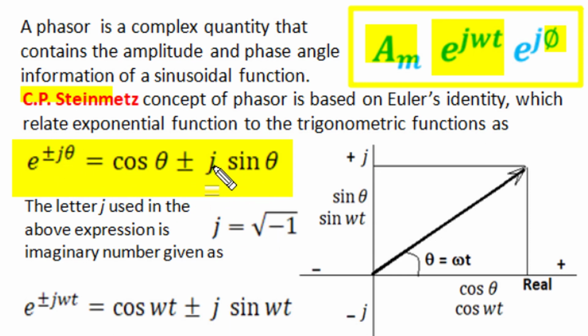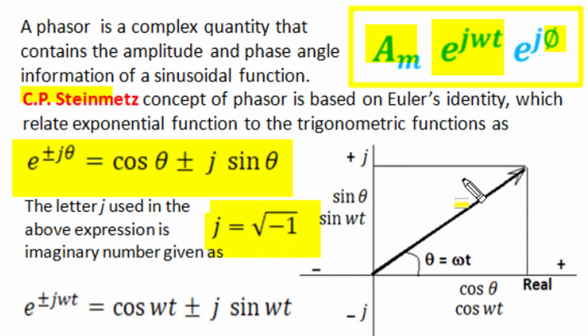Now in pure mathematics, this notation uses small i as the imaginary unit, but in electric circuits we use small i as current. So just to avoid confusion and ambiguity, in place of small i we will use the symbol small j. Now this letter j, used in this relation as a power to the exponential function or before the second term, is an imaginary number, represented mathematically as the square root of minus 1.